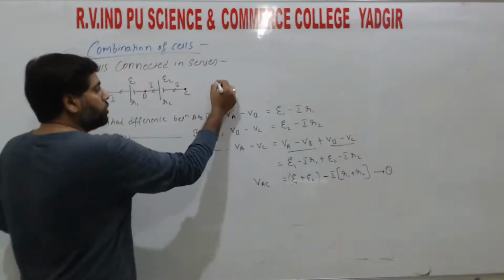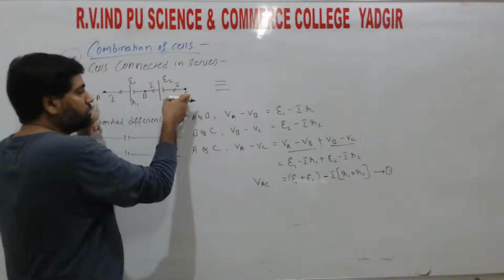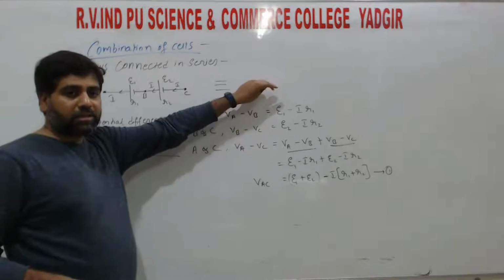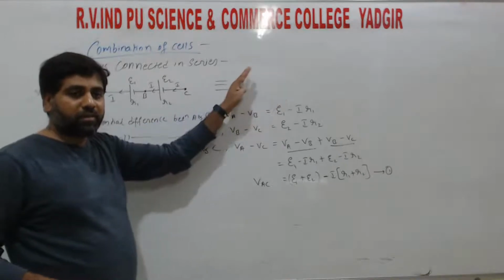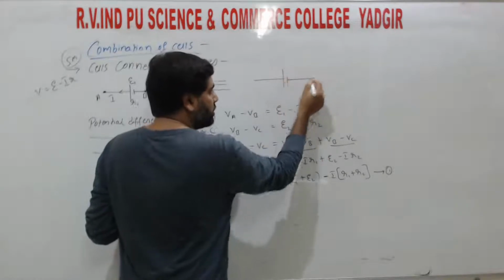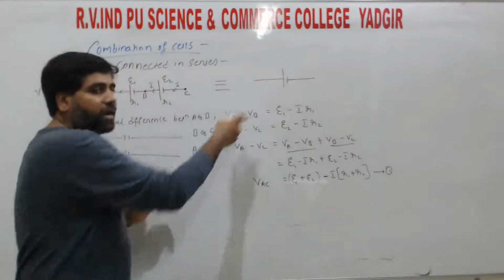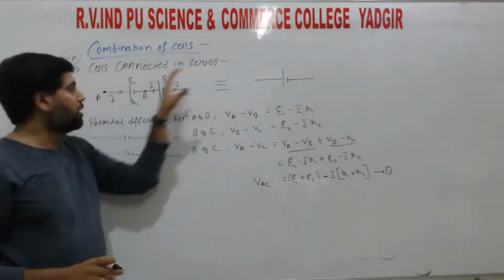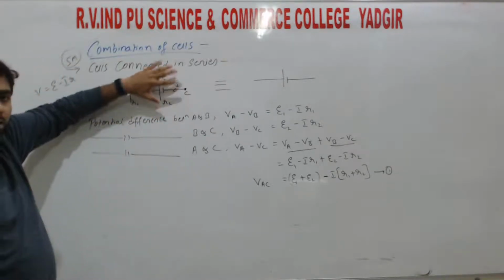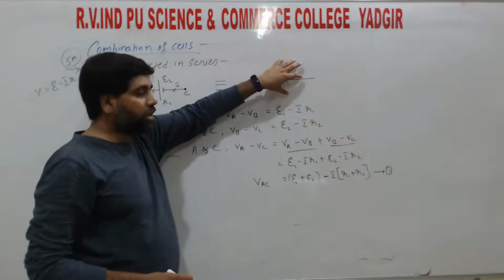Now comparing this with the equivalent EMF, as we did in the last class with equivalent resistance, in the same way here we have the equivalent cell. That means the same work done by the combination of these two cells is done by this one cell.